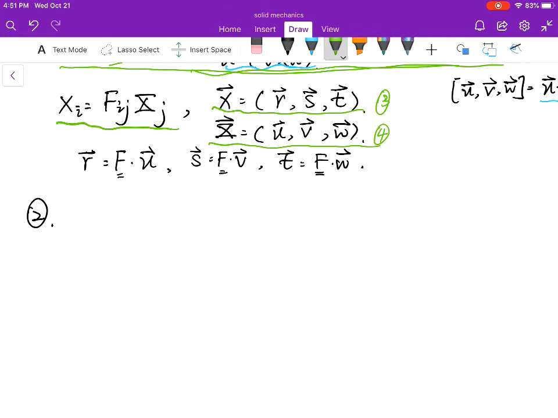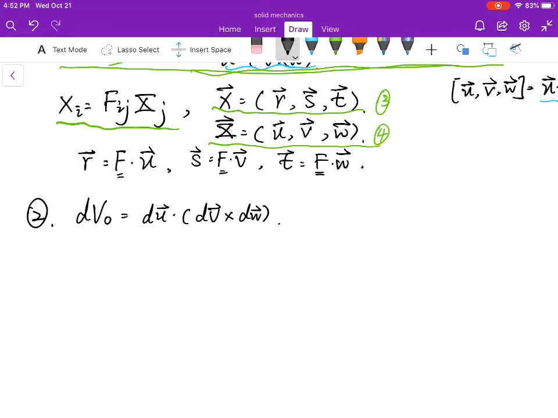Let's consider this material with uppercase X. What's the volume of it? dV0 equals basically u times v times w, so du dv dw, because it's for an infinitesimal element, so I should add a d here.